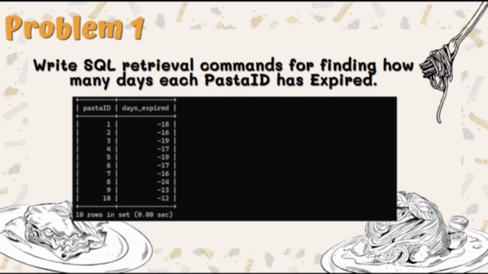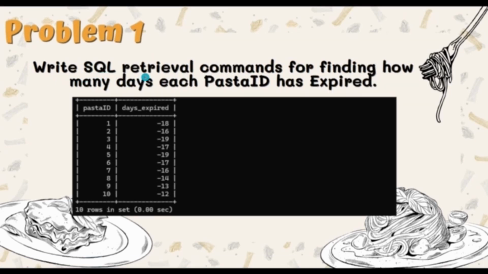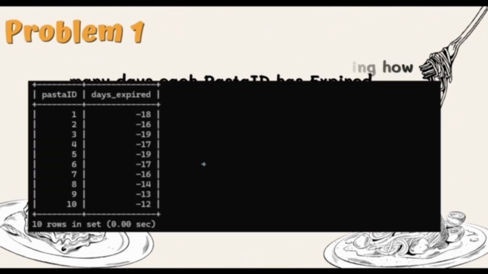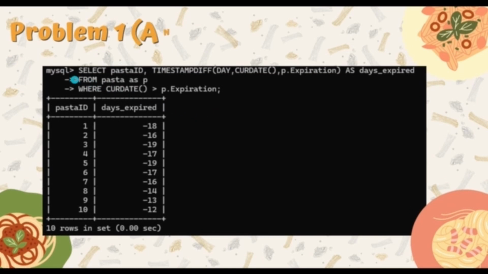The first one says to write the SQL retrieval command for finding how many days each pasta ID has expired. And here is our output. So let's see our answer. We say: select pasta ID, timestampdiff day, current date, p.expiration as day expire from pasta as p where current date is greater than p.expiration.